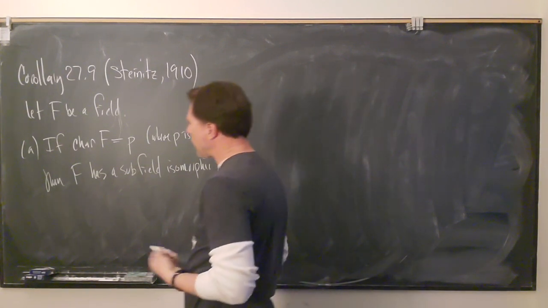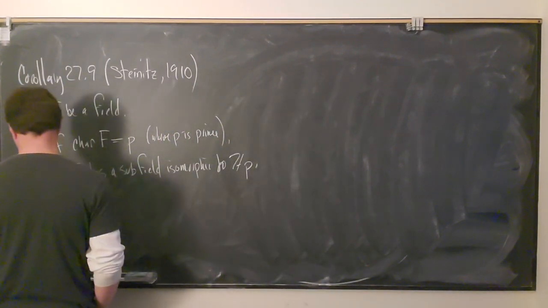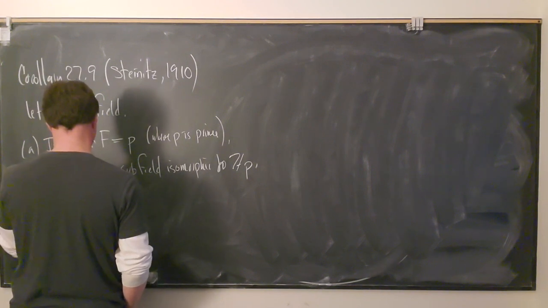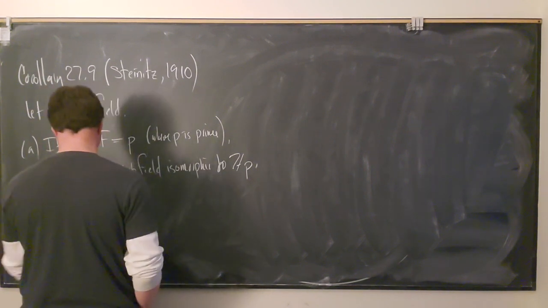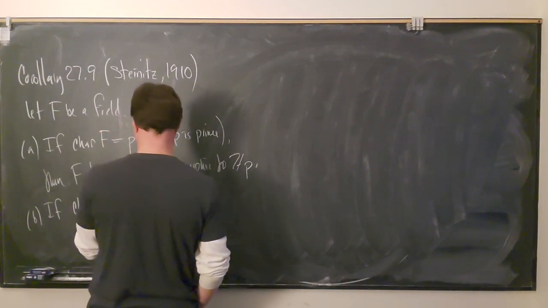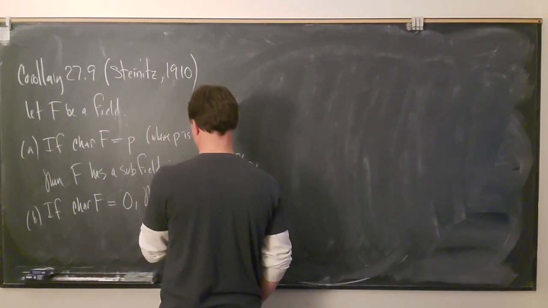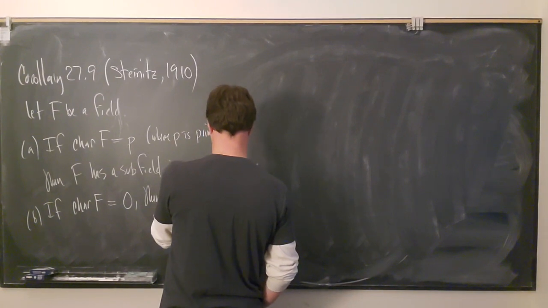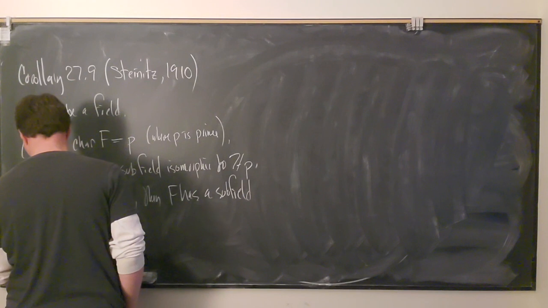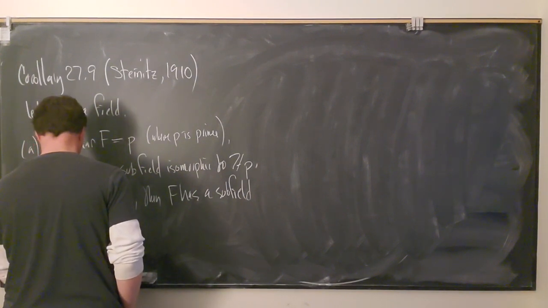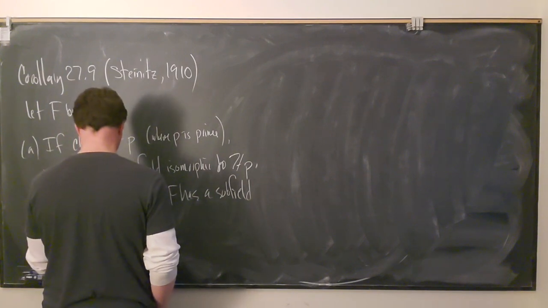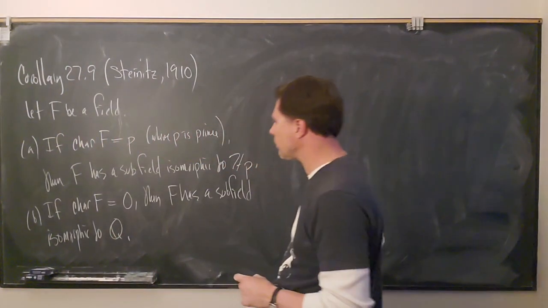And then part B, if the characteristic of F is equal to 0, then F has a subfield isomorphic to Q. Oh, so that's kind of fun.